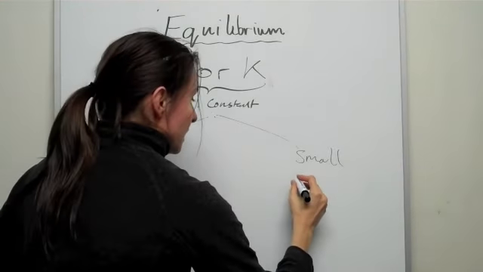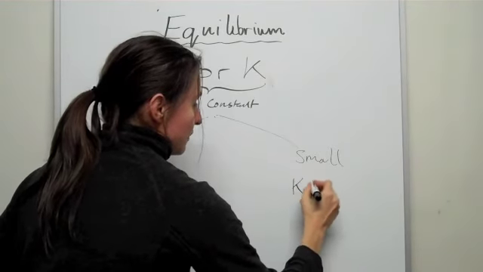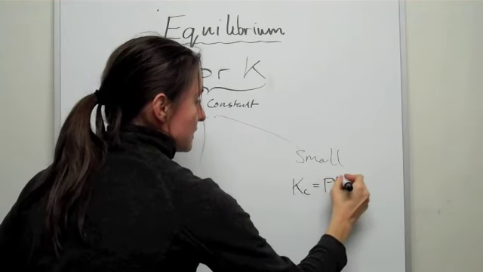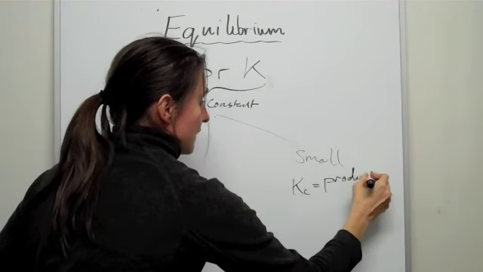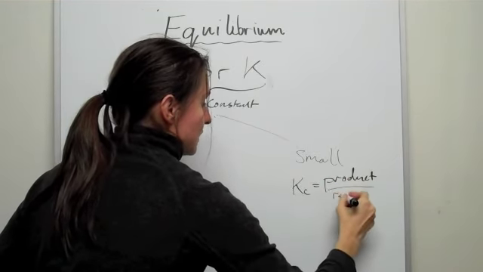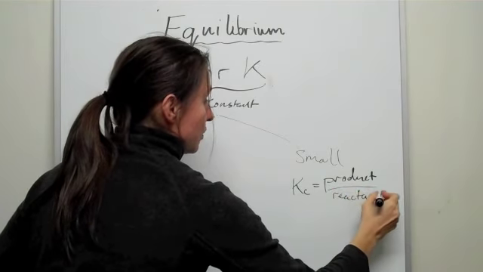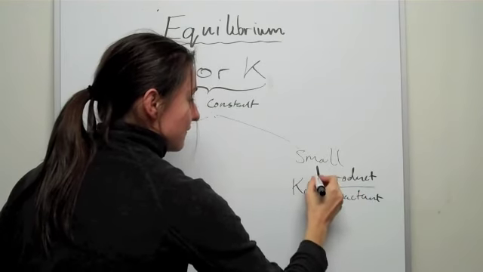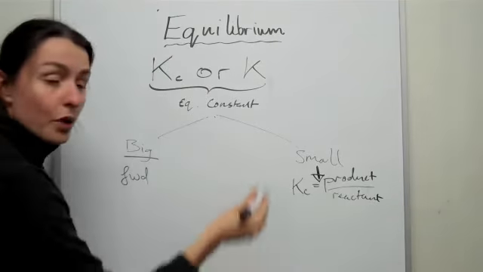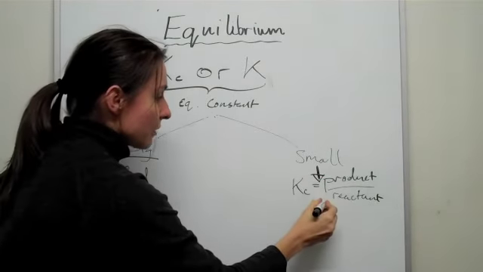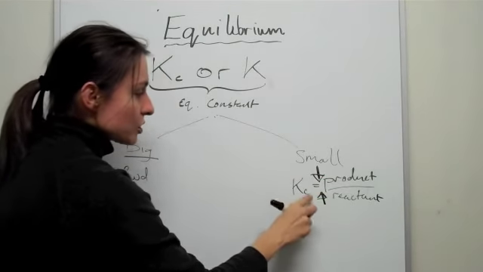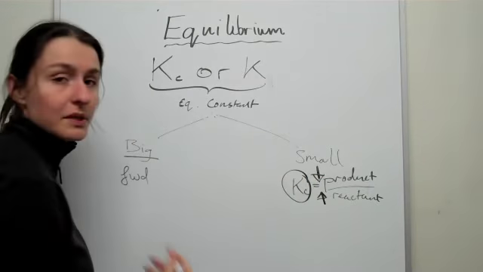And small, if we have a small Kc value, remembering that Kc is product divided by reactants. So if we have a small K value, that means that this value goes down. So the product, the numerator, is low, whereas the denominator is high, which causes this as an entire number to be small.